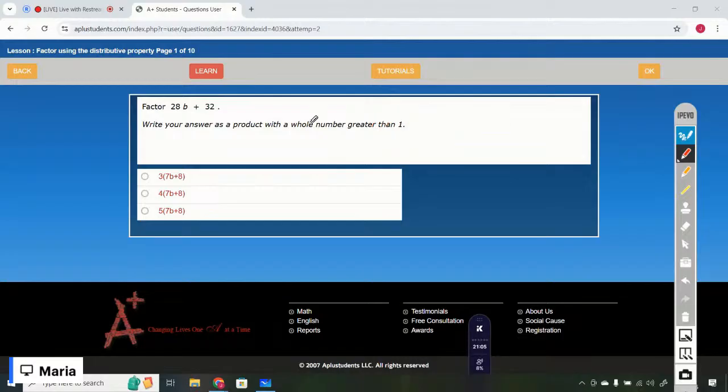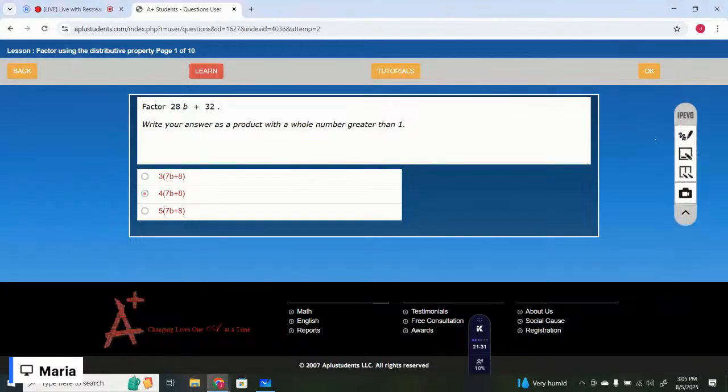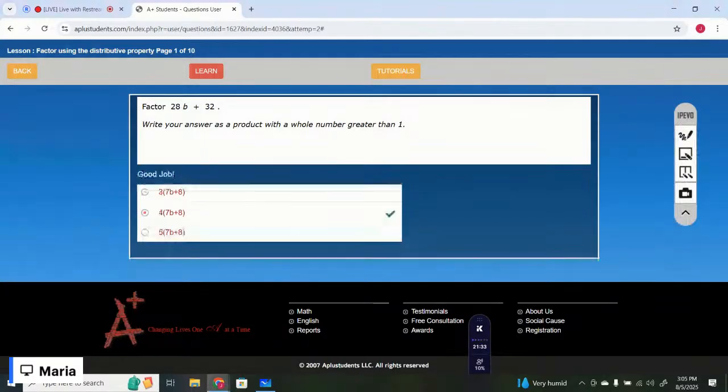Sorry, 4 is the common factor because 4 can divide both 28 and 32. So let's just take common 4. 4 times 7 is 28 and 4 times 8 is 32. So that is 7b plus 8. 4 times 7b plus 8. Option number 2 is the correct option. That is 4 times 7b plus 8.